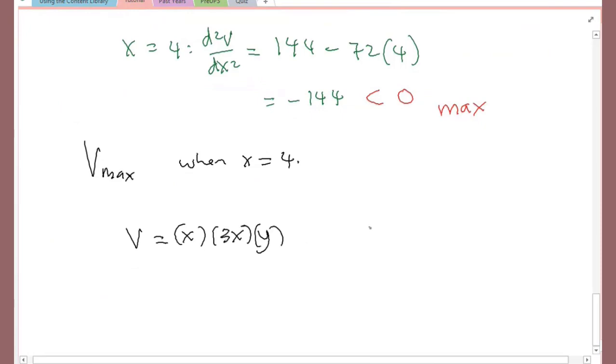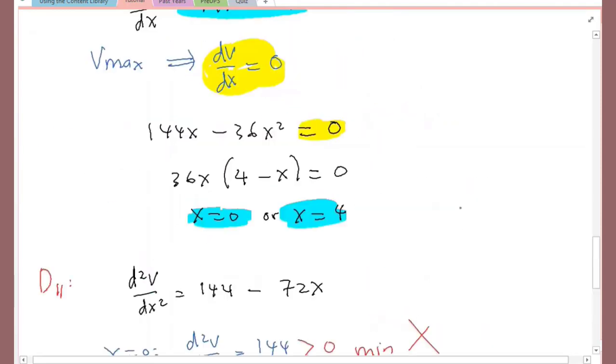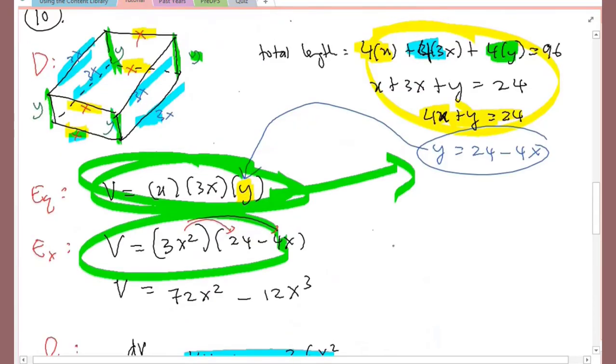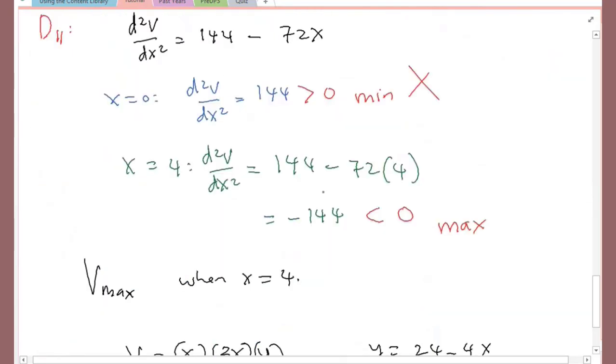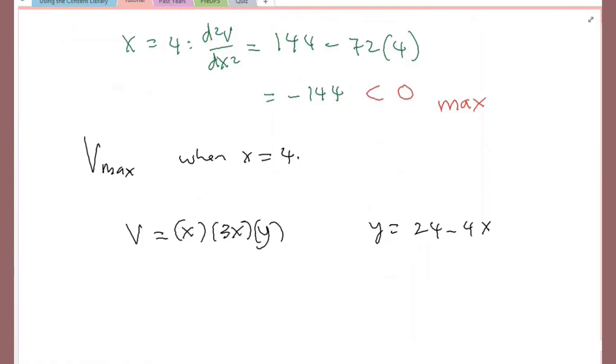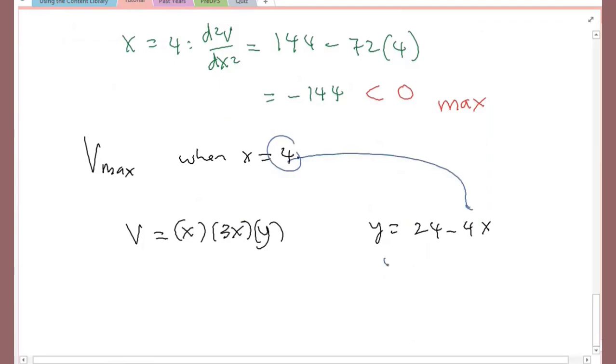And y equals, I forgot, 24 minus 4x. Let's check. 24 minus 4x, 4 times 3. And then substitute 4. And then y is equal to 24 minus 3 and 8.